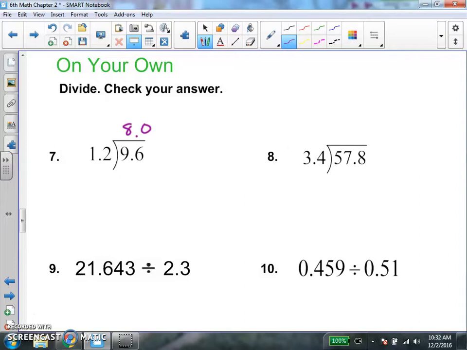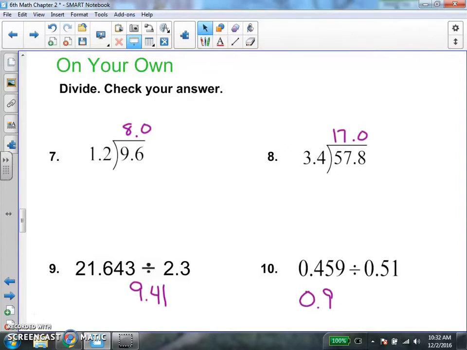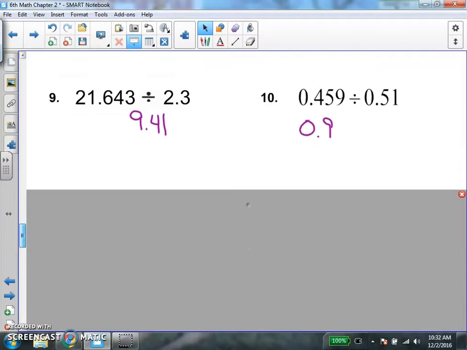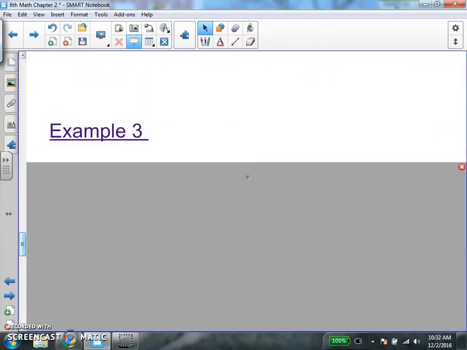For number 8, another whole number, 17, 17.0, same thing. For number 9, 9.41, 9 and 41 hundredths. And then number 10, 0.9, in other words, 9 tenths. If you have a question about any of those, please come see me, let me know.